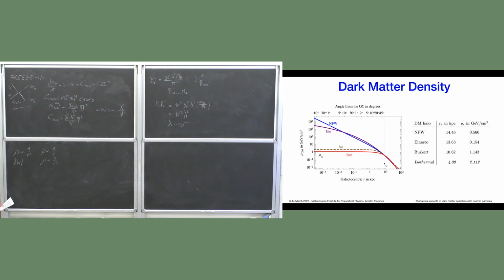So one of the most studied density profiles is the Navarro-Frenk-White. So the density Navarro-Frenk-White, that is rho_s over (r/r_s) times (1 + r/r_s) to the second power. So this is the proportionality in the inner part of the galaxy.